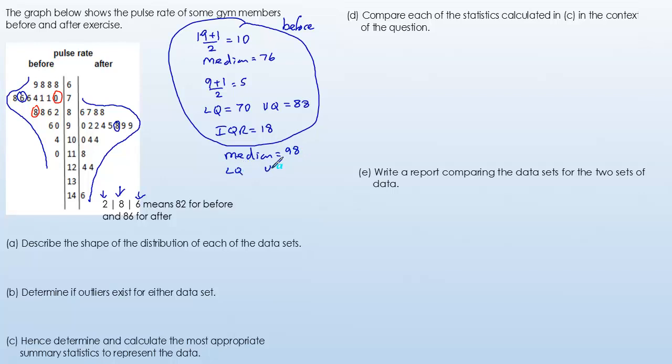Let's find the lower quartile and the upper quartile. So 1, 2, 3, 4, 5. Lower quartile is 90. 1, 2, 3, 4, 5, and then 104. So we've got 90 and 104, giving us an interquartile range of 14. So this is the information for after.